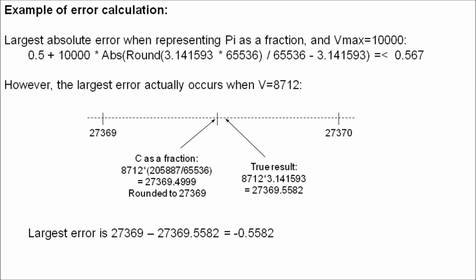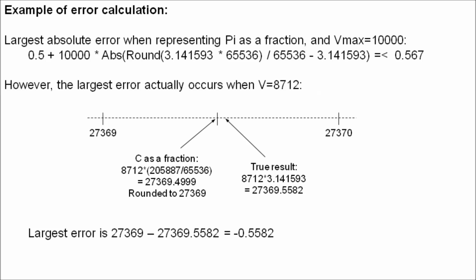However, the largest error may not necessarily occur at Vmax. It will probably occur at a lower value. This is because the constant conversion error only manifests itself when the fraction result and the true result straddle either side of a 0.5 boundary.